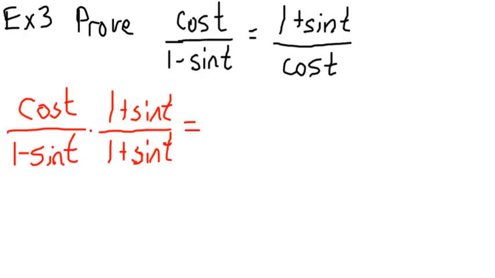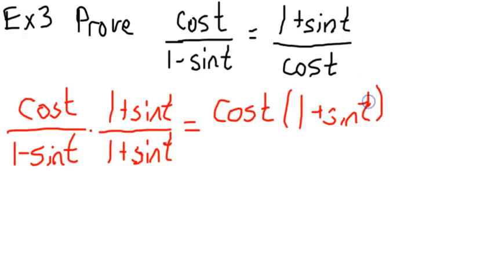This is going to simplify into cosine of t times 1 plus sine of t divided by this. If we would FOIL this out, our middle terms are going to cancel out, so we're left with 1 minus sine squared t, which is where our Pythagorean identity is going to come into play.